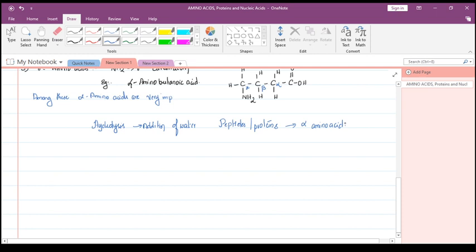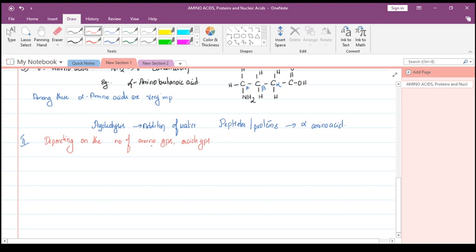The second classification is actually depending on the number of amino groups or acid groups.